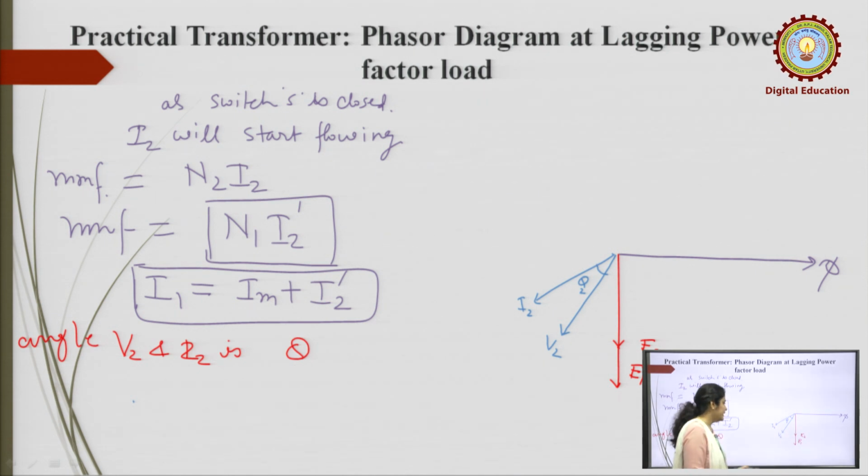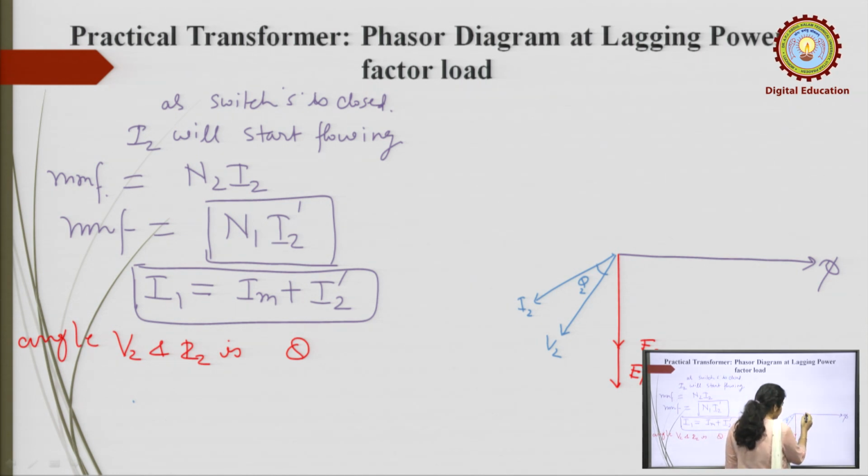In the case of an ideal transformer, V2 must be equal to E2, but in the case of this practical transformer, V2 is not equal to E2. There is some drop between V2 and E2. Okay. So, this I2 is flowing in the secondary side.